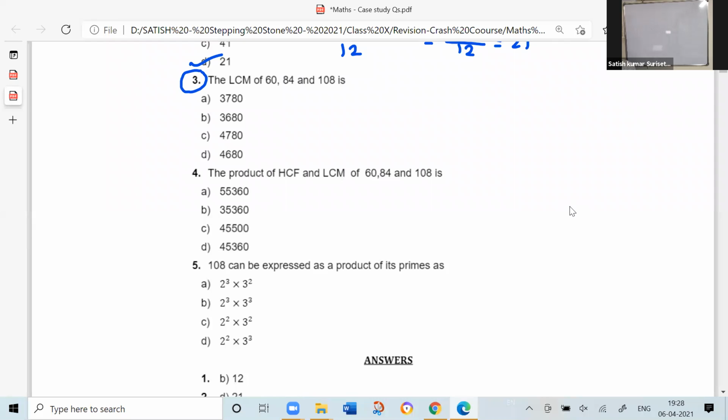So from that factorization, you can easily say what the LCM could be. Tell me what we are calculating, all of you.